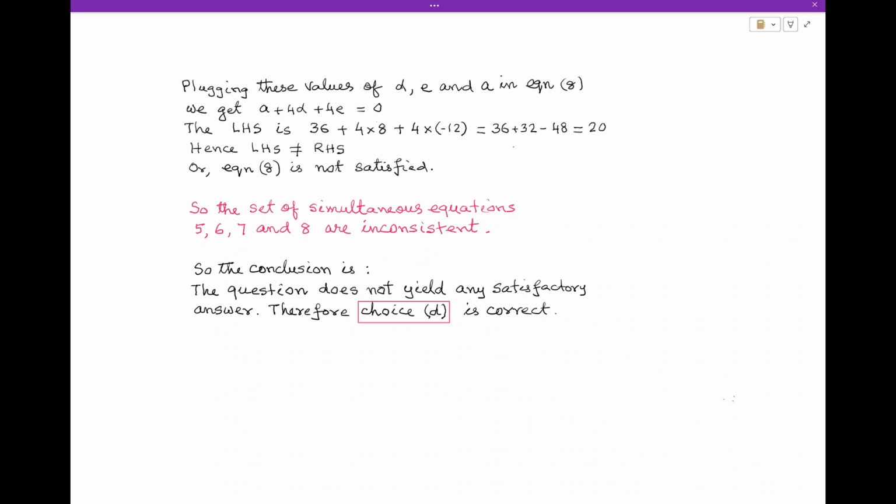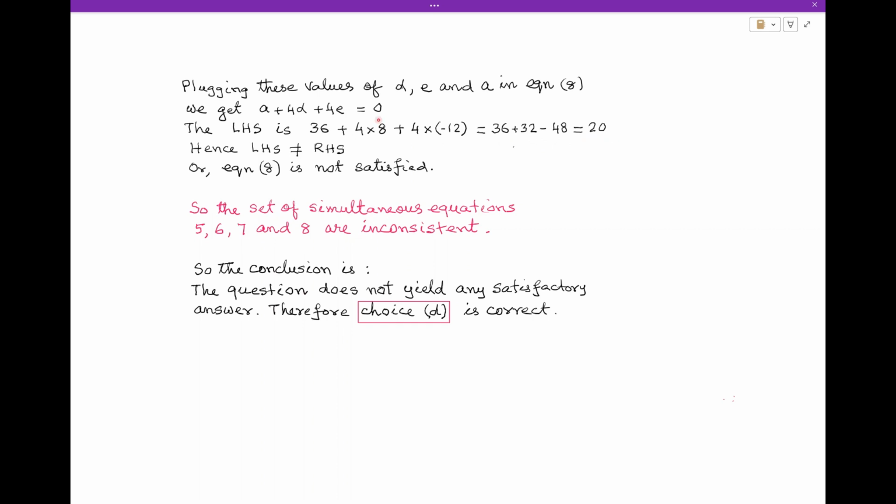So, if you put these values in equation 8, which is A plus 4D plus 4E is equal to 0, the left hand side becomes 36 plus 4 into 8 plus 4 multiplied by minus 12, that is equal to 36 plus 32 minus 48, that is equal to 20.